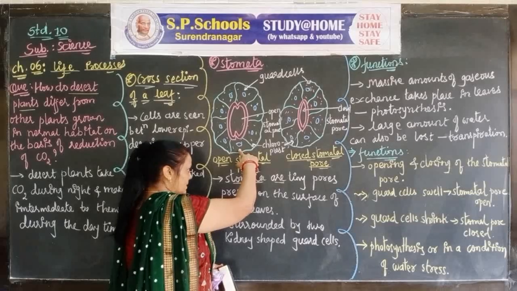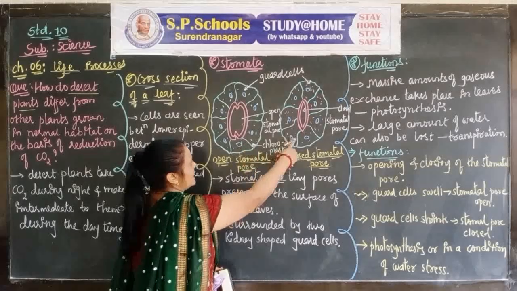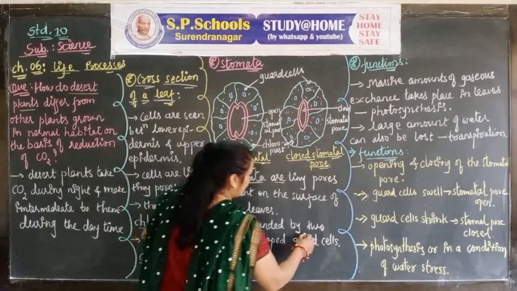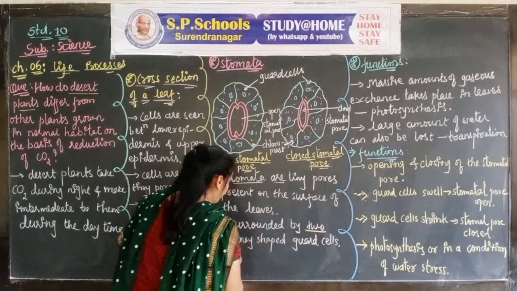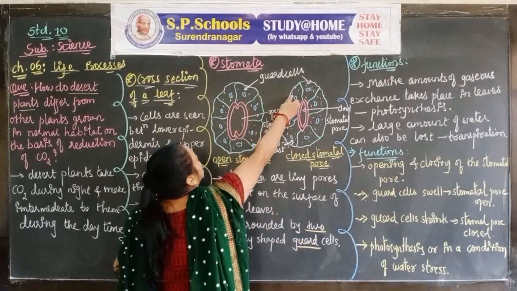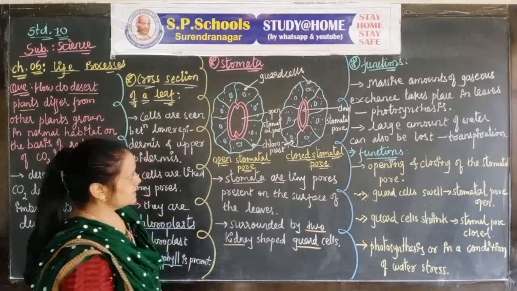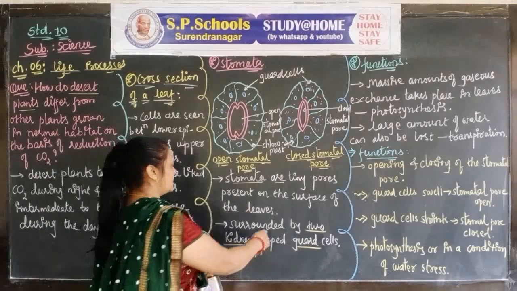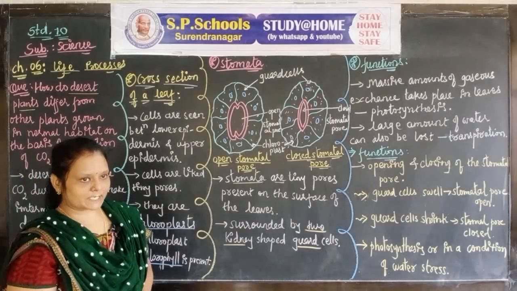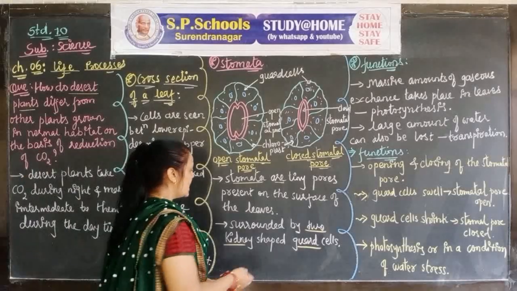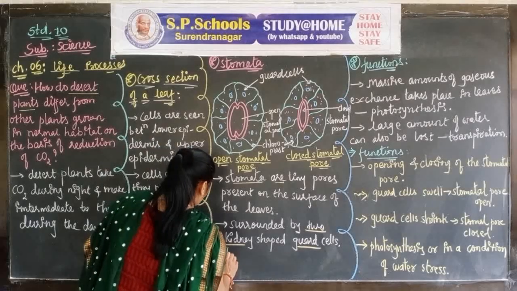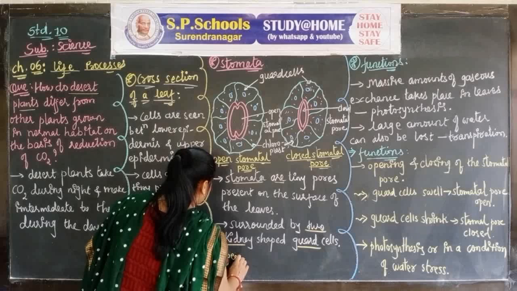They are surrounded by two kidney shaped guard cells, which protect the stomatal pores. Kidney shape means bean shape.